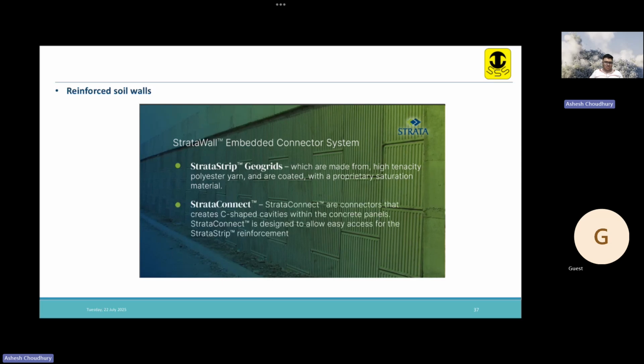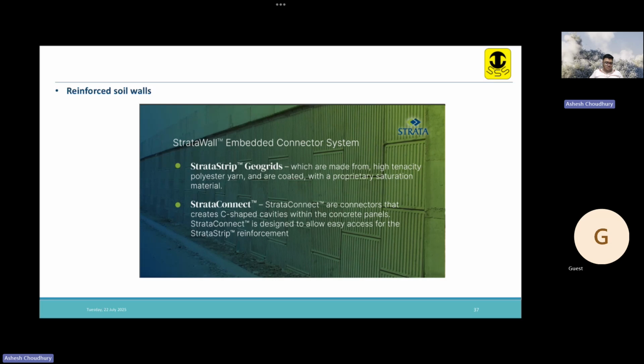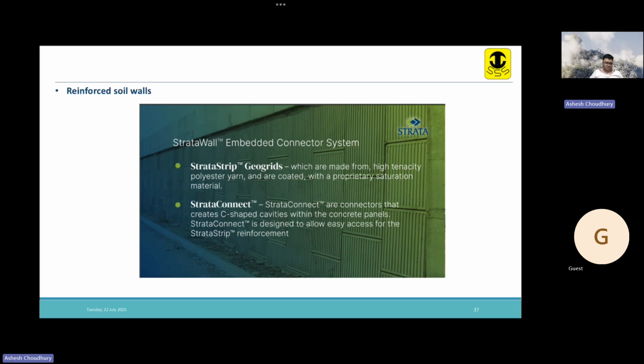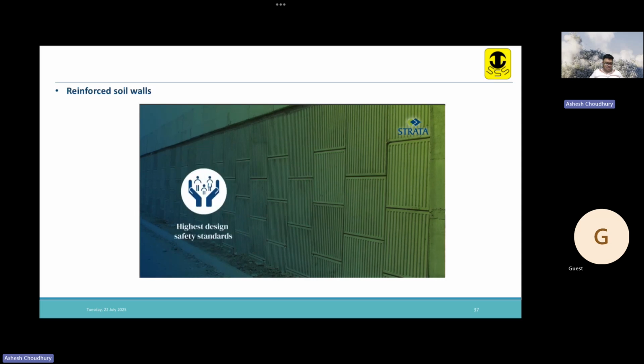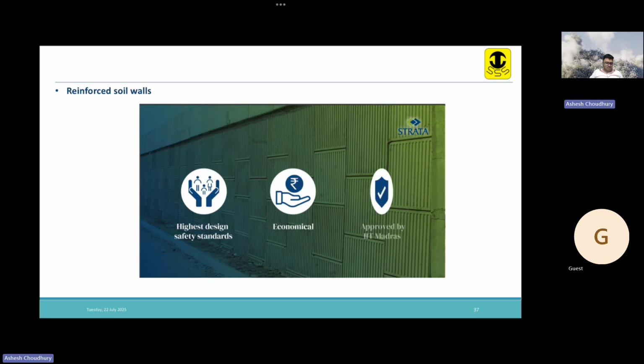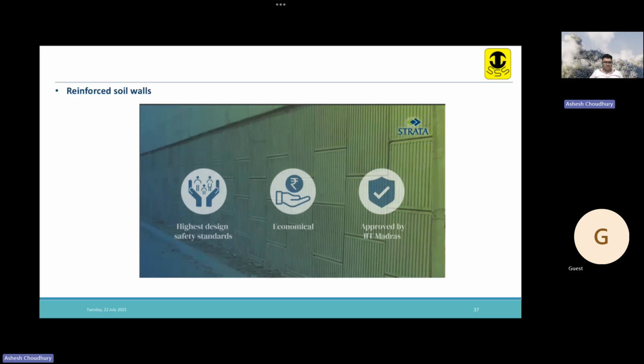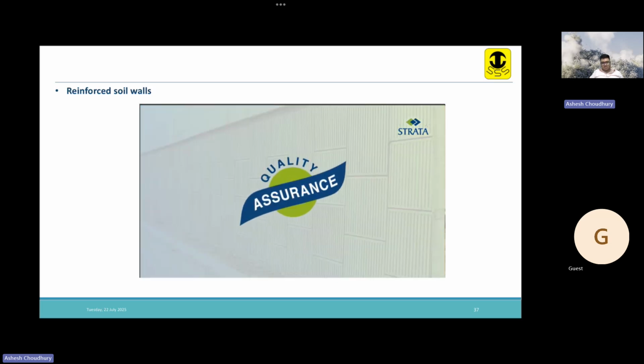Strata Connect are connectors that create C-shaped cavities within the concrete panels. Strata Connect is designed to allow easy access for the Strata Strip reinforcement and precast concrete panels. Strata EC wall systems adhere to the highest design safety standards. It is economical and is approved by IIT Madras, backed by Strata's assurance on quality.